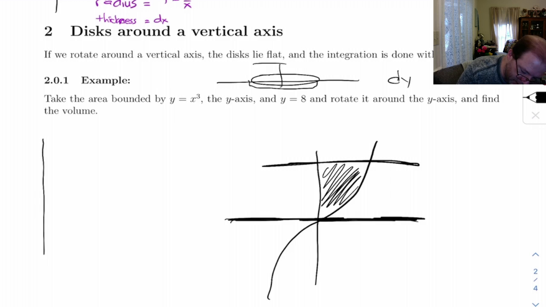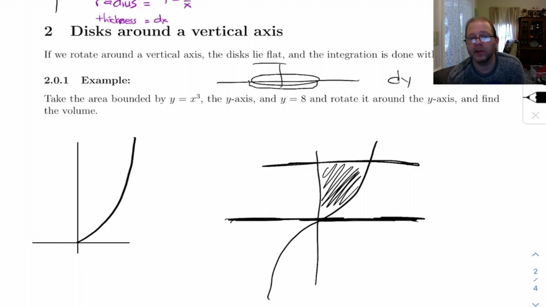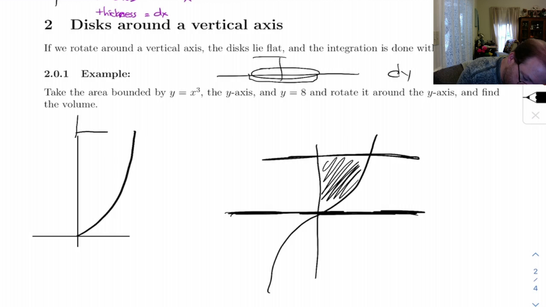So let's come over here and make a nicer drawing of it. Draw my axes. And the only part we need is really this bit here. It looks pretty much like a parabola, except it's supposed to be steeper. So we've got this, and we're taking the area inside of here and rotating that around the y-axis.